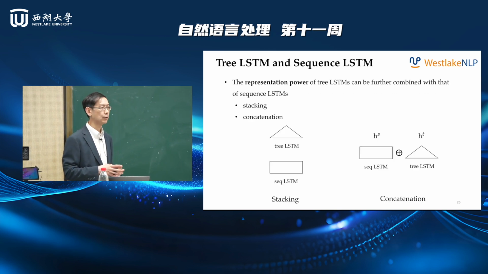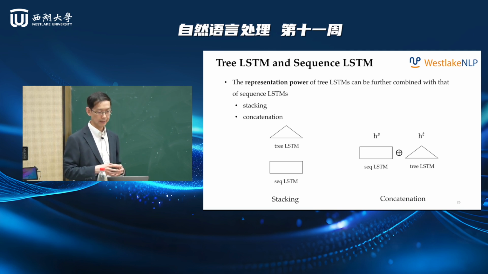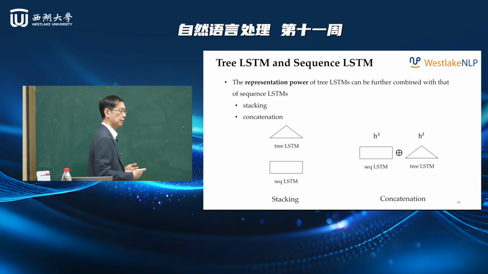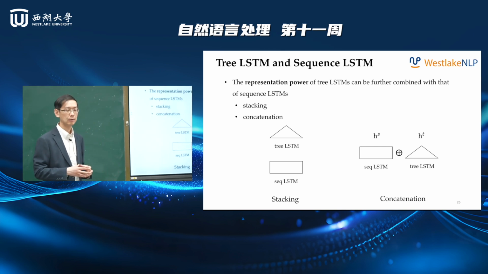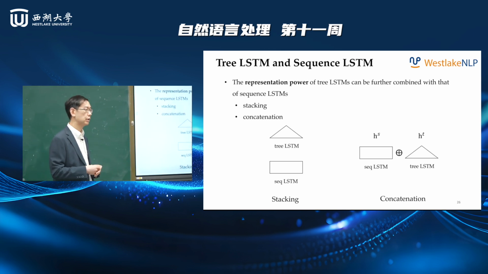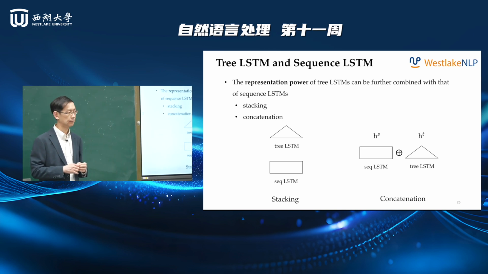There are two ways you can do that. The first way is, now you're given a sequence. You first encode it with a sequence LSTM or whatever sequence encoder, and you get a hidden state for each node.